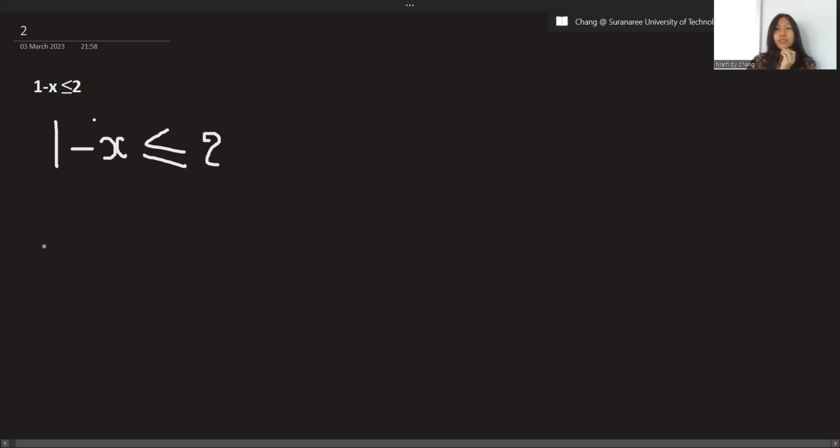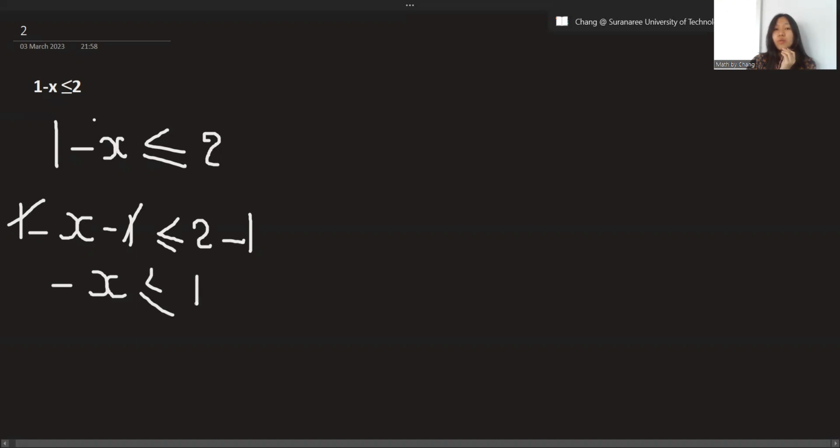So we have to get rid of this 1 first. So 1 minus x, we have to subtract 1 from both sides. Minus 1 less than or equal to 2 minus 1. So these two, plus 1 minus 1, will cancel out, and there will be minus x remaining, less than or equal to 2 minus 1, you will get 1.